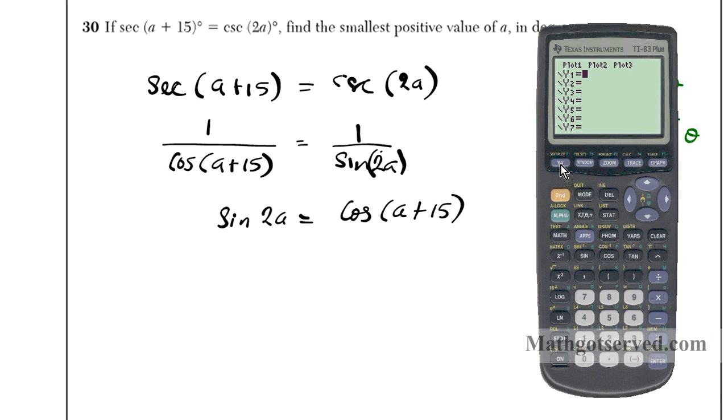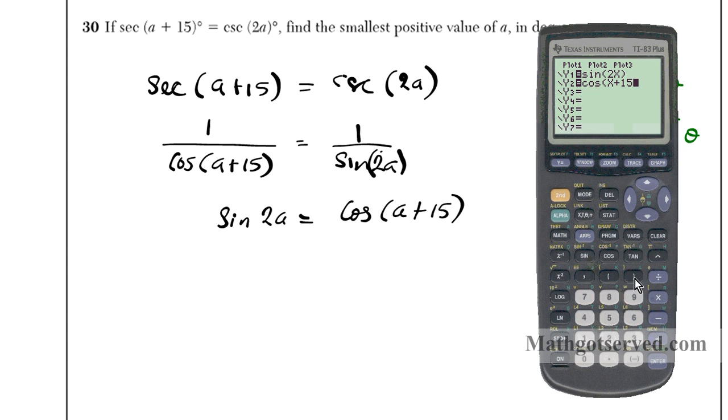Go to Y=, enter the first function, sine 2x. I'm going to use x because that is the standard independent variable for the graphing function, so instead of A, I'm going to put x. And then for the second function, I'm going to graph cosine(x plus 15).